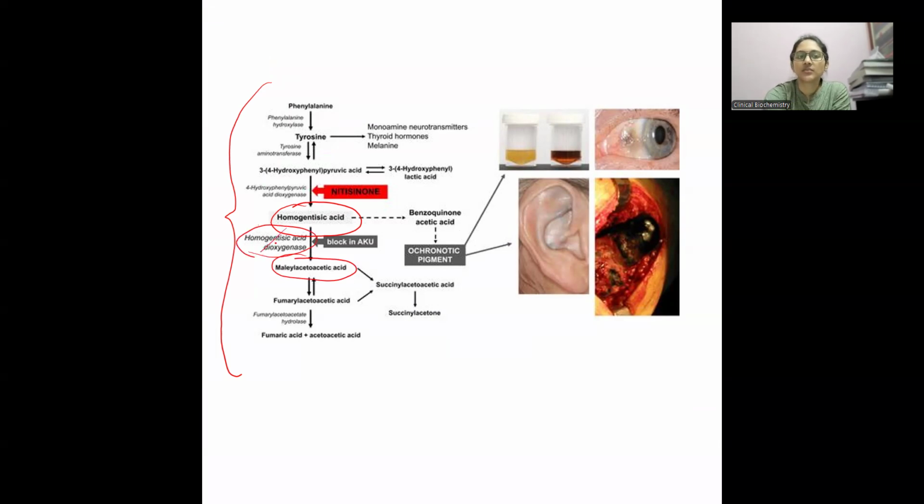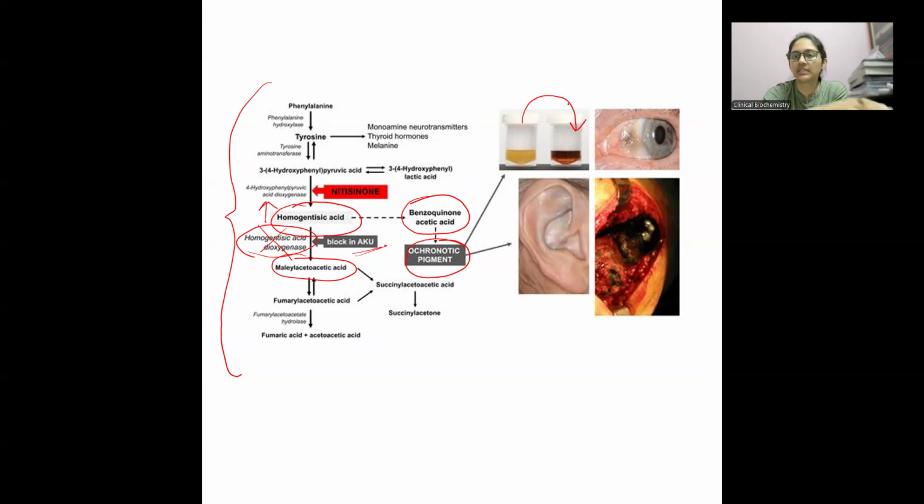If this enzyme is deficient, that leads to the accumulation of homogentisic acid, and this condition is called alkaptonuria. Homogentisic acid gets oxidized to benzoquinone acetate, and that is the ochronotic pigment responsible for the urine turning black on standing.